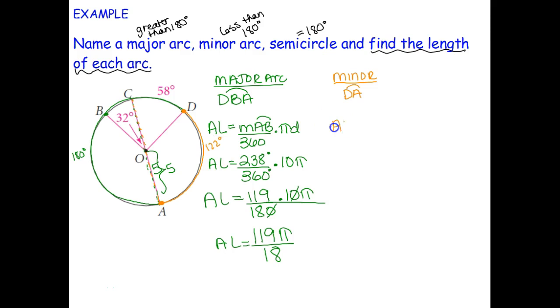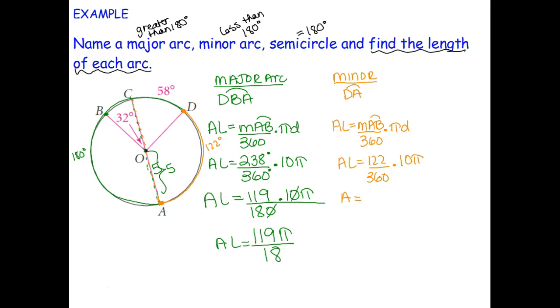So again, we're going to do the arc length is equal to measure of arc AB over 360 times pi d. The measure of our arc this time is 122 over 360 times, we're going to use that same diameter again, so we're going to say that it's 10. So again, simplify your fraction first, 122.